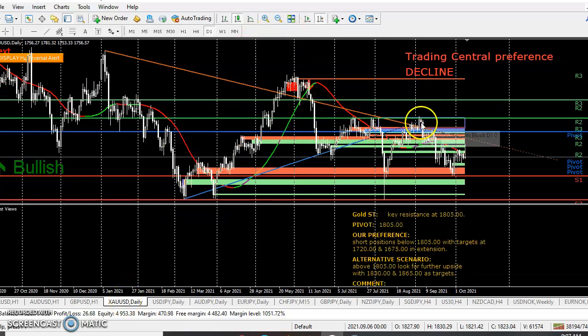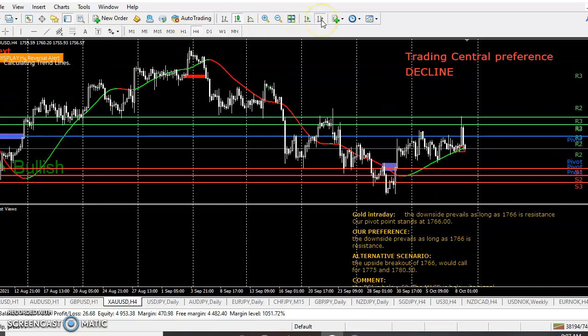Here's gold with the same scenario at 1805 for the pivot. And we should be bearish now.